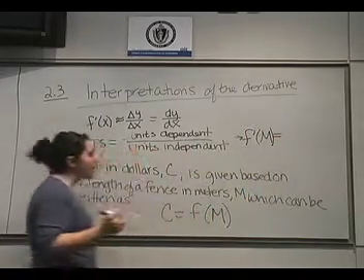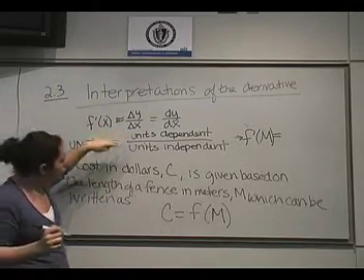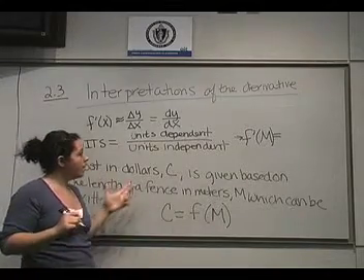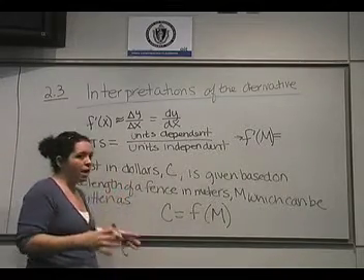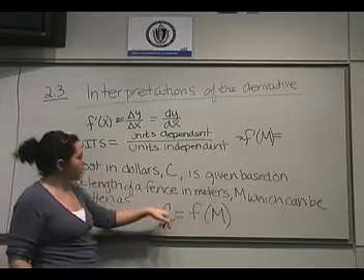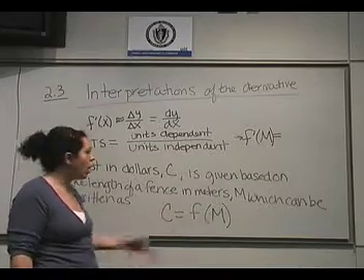we can talk about the units by doing the units of the dependent variable over the units of the independent variable. Again, the dependent variable takes the place of y. It's something equals a function of something else. So here, our dependent variable is C, cost. Well, what are the units of the cost?